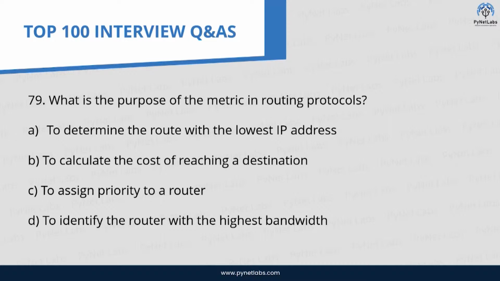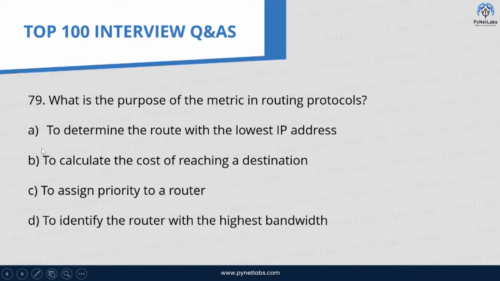It is going to take care of one thing, that from this particular source to that particular destination we have to reach. So to figure that out, all the routing protocols are going to have some algorithms, right? All those algorithms are going to figure out what is going to be the shortest and best path. So for that, option number B is the correct answer: to calculate the cost of reaching a destination. That's your answer, option number B for question number 79.